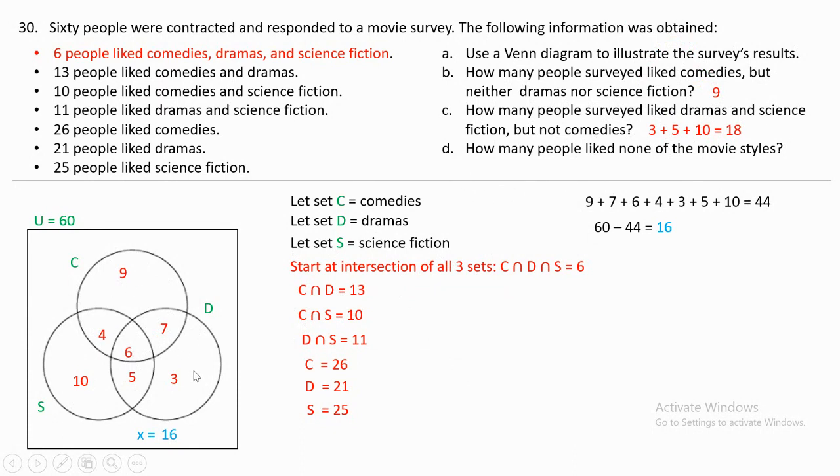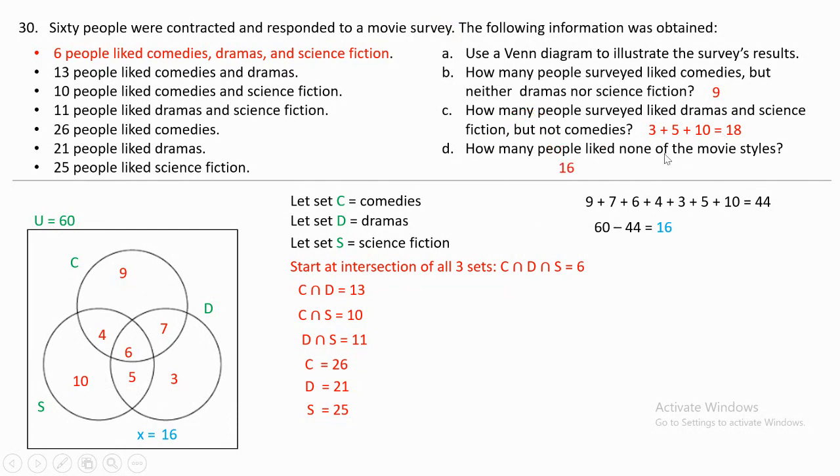So we're going to go to dramas and science fiction. So dramas and science fiction will be this portion here. But not comedies. So it's going to be these two here and these two here. But not comedies, so not these right here. So it's going to be 5 plus 3 plus 10, which is 18.